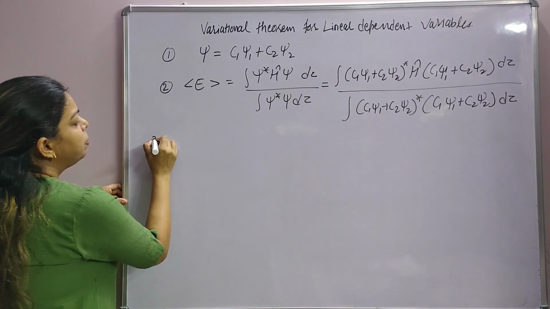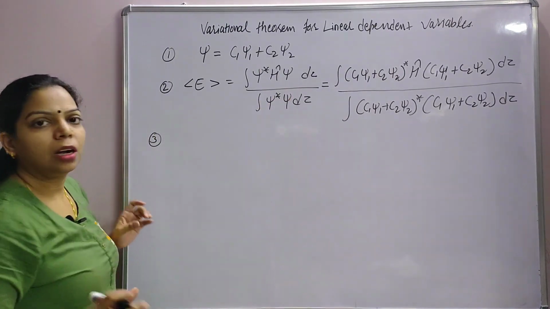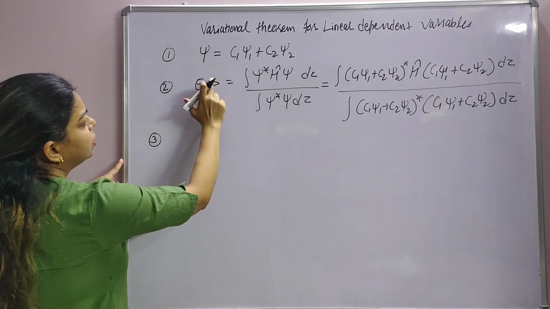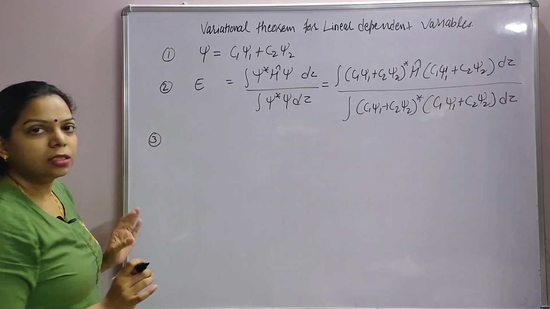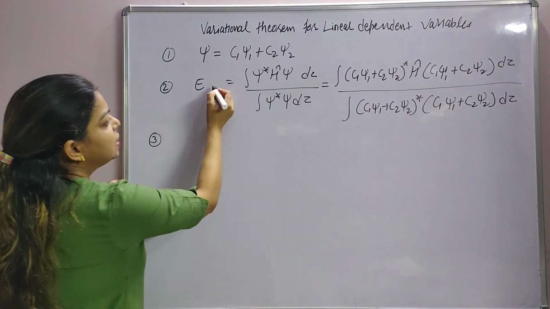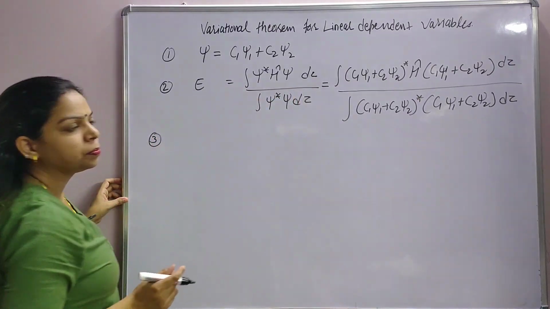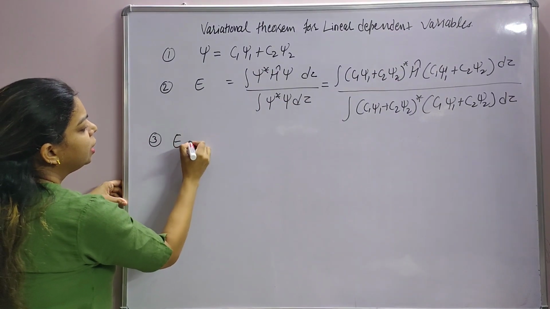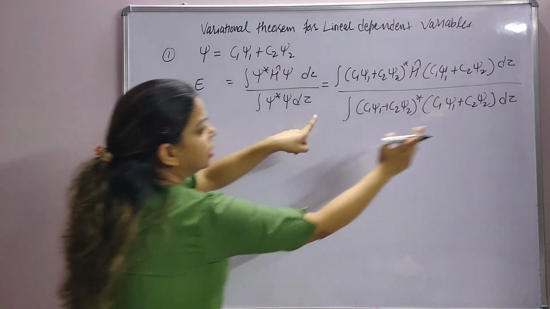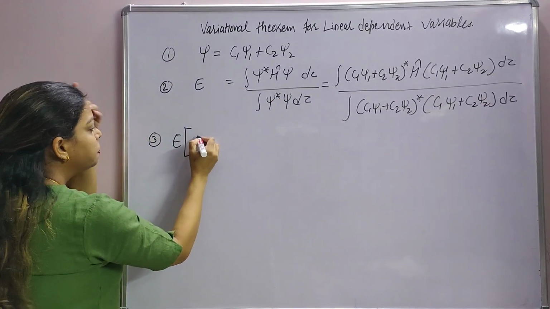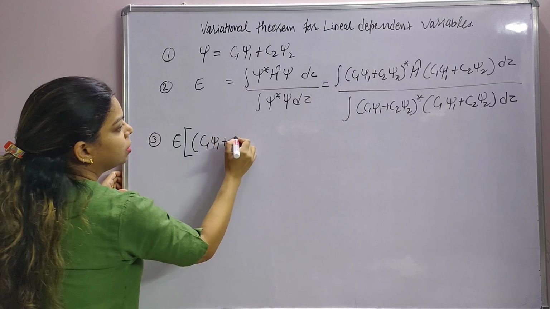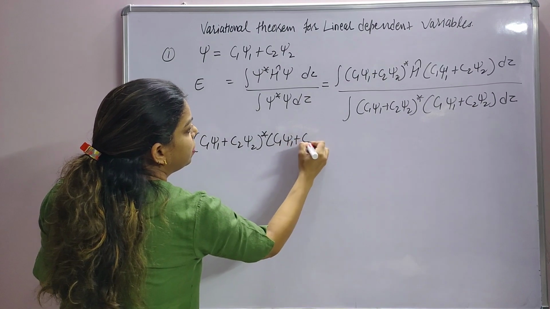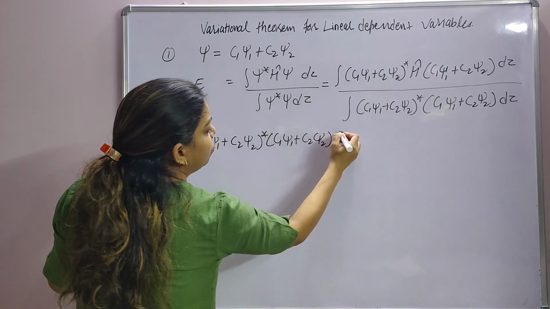The next step is to simplify these terms. How to simplify? Let's say this is only the E symbol for the average energy; we just cross multiply these two terms. So I will have E inside the bracket this whole factor, (C1 psi1 plus C2 psi2) star (C1 psi1 plus C2 psi2).